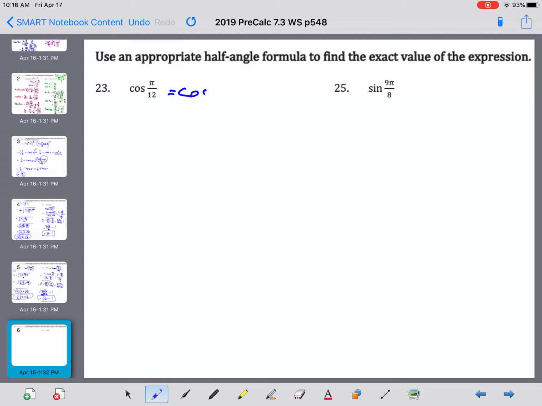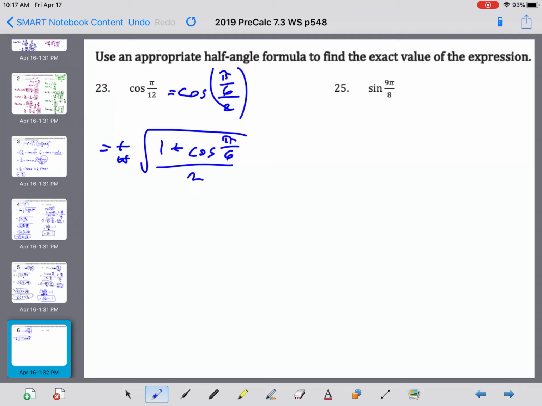Now here we get cosine of pi over 6 divided by 2, which gives me pi over 12. We're doing cosine, so we're in the positive realm, so instead of plus or minus, it's just going to be positive. So it's going to be 1 plus cosine of pi over 6, over 2. Same methodology here. I'm going to take the 1/2.